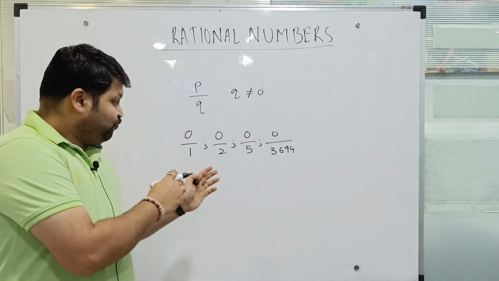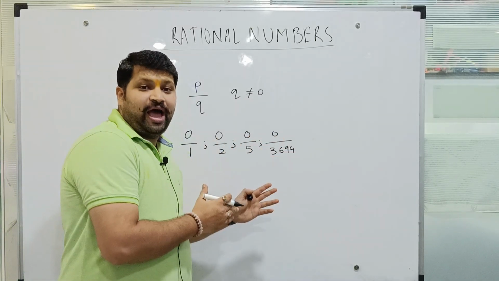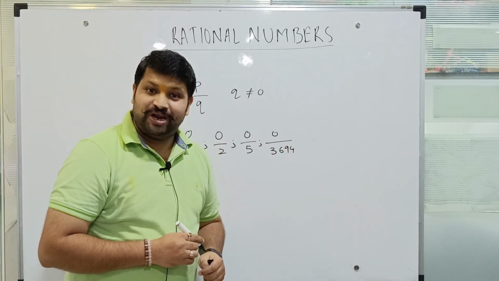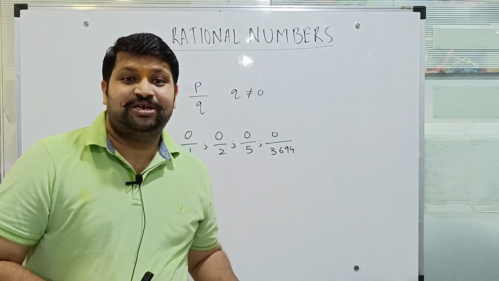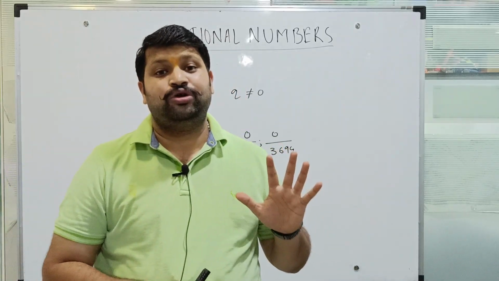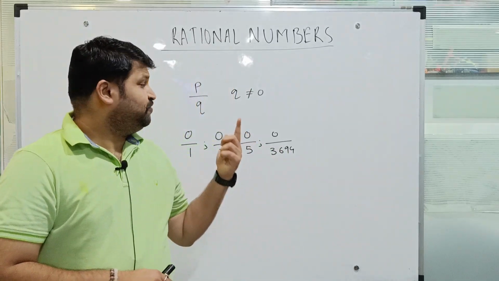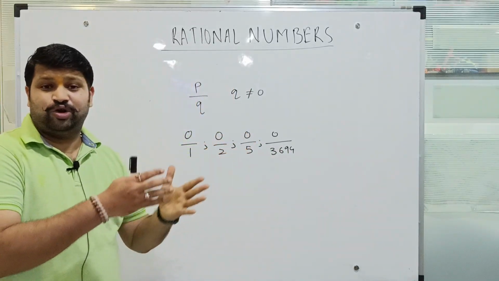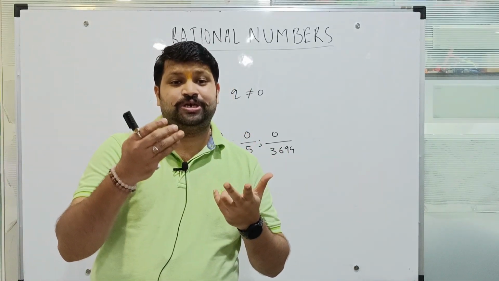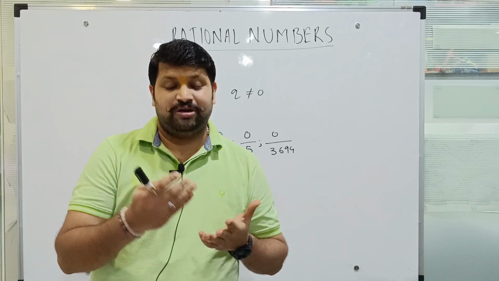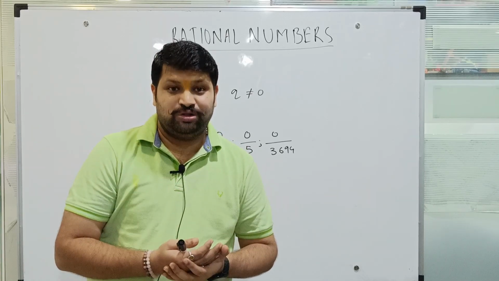All these would be equal to 0 and they would also be rational numbers. These are the things that you should know when we are going to talk about rational numbers. First thing we already discussed, that it would include integers, whole numbers, natural numbers, 0, and all the fractions.